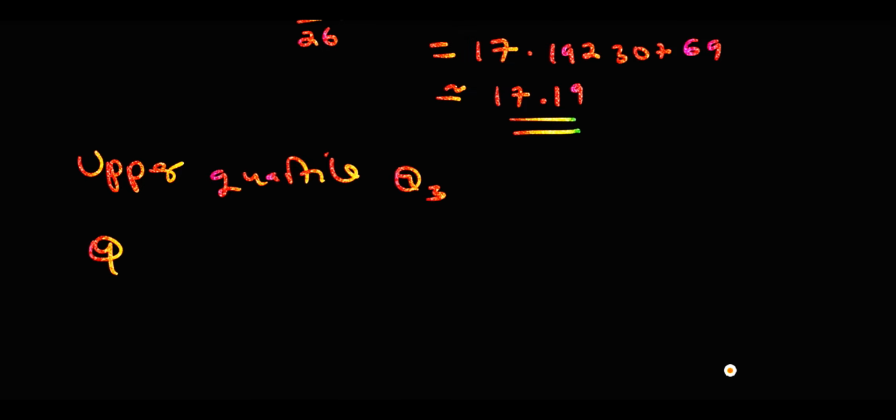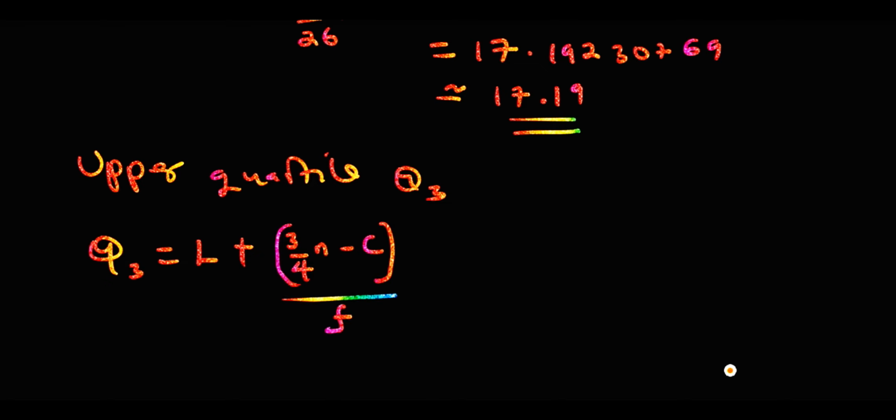So Q3 again is obtained by L plus in bracket 3 over 4n. It is 3/4 of the data minus C. And again, C is the cumulative frequency above the Q3 class. So that is over F, where F is the frequency of the Q3 class. So let us obtain all of these values.